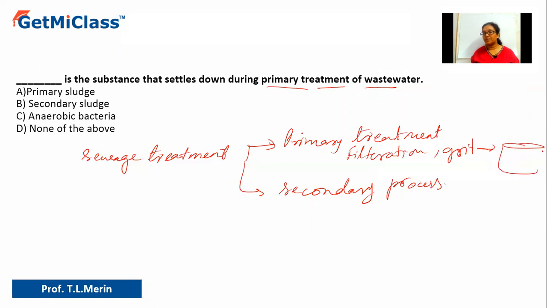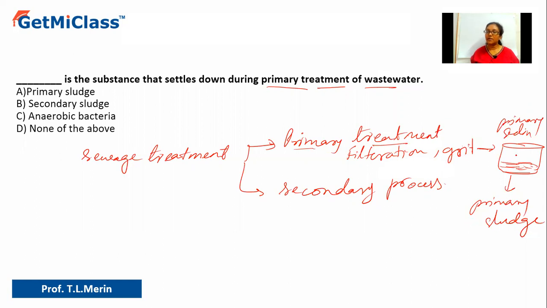This is the primary sedimentation, you could say. And the organic component which is heavy will settle down, and that is called primary sludge. So that is produced during primary treatment itself.